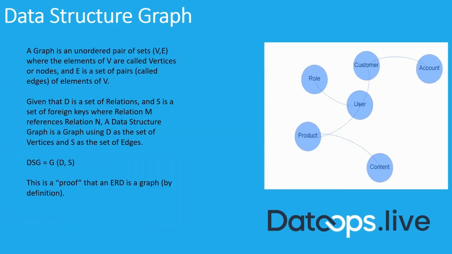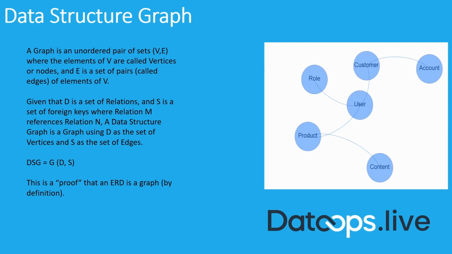All right, so here's the beginning of some of this stuff. A data structure graph: you can think of that entity relationship diagram, the ERD, that I just showed as an actual graph, where a graph is defined here as an unordered set of pairs, where the elements of V are vertices.